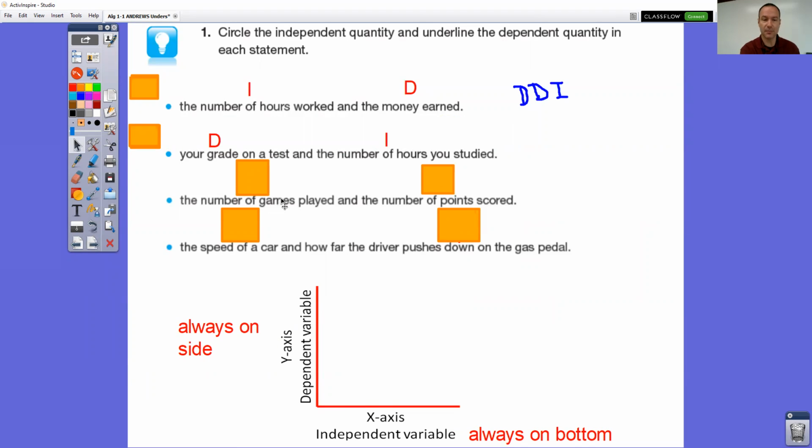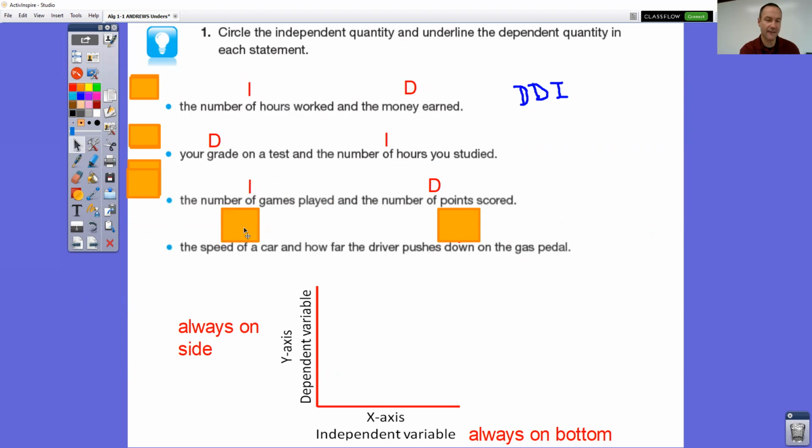The number of games played and the number of points scored. So on this one, the number of games played is your independent, because that's your unit of time, and the number of points scored. Now, most of the time, the more games that you play, the more points you're going to score. So the number of points depends on the number of games played. The speed of a car and how fast the driver pushes down on the gas pedal.